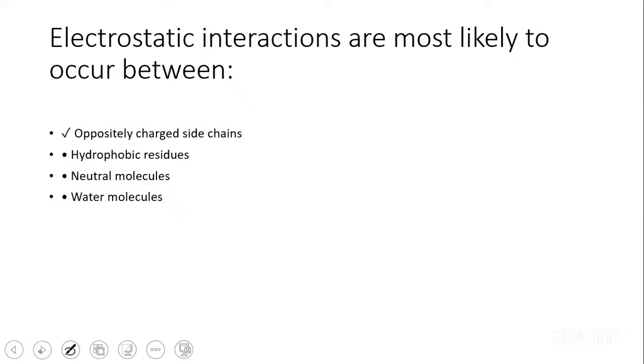Electrostatic interactions are most likely to occur between what? A, oppositely charged side chains. Of course, when I talk about electrostatic, I talk about positive and negative charge. So which amino acid is positively charged? Lysine is positively charged.